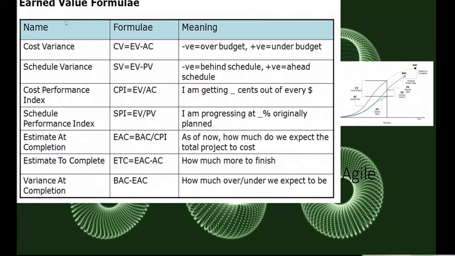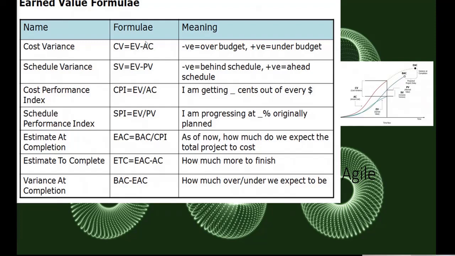Okay, so from here, the earned value formulas. Cost variance, as we mentioned, is EV minus AC. They are saying that if this is negative, when will it be negative?